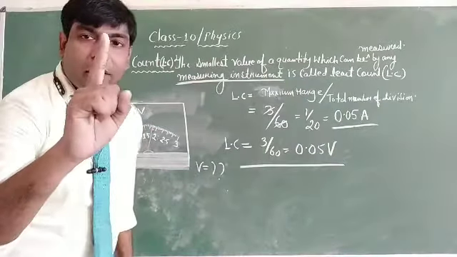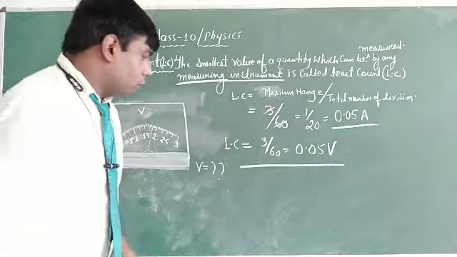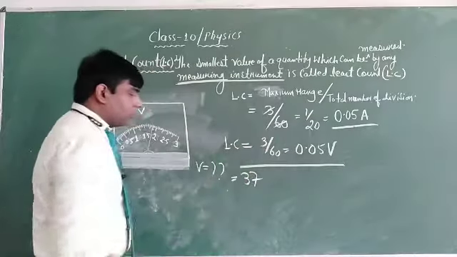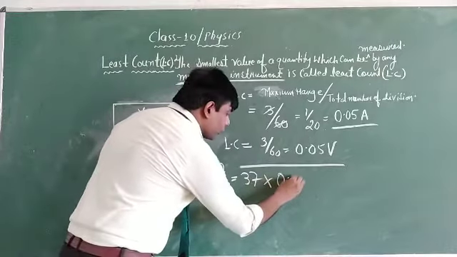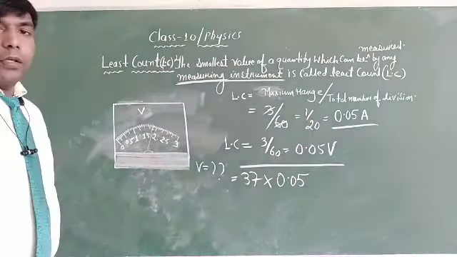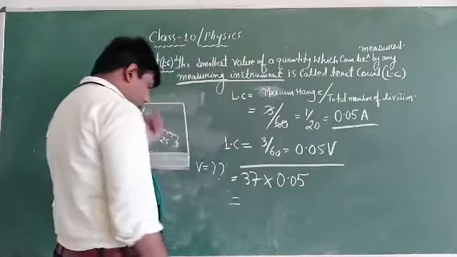So the pointer is lying at the 37th division. So the voltage will be the number of divisions multiplied by the least count. So just multiply, and we will get the value.